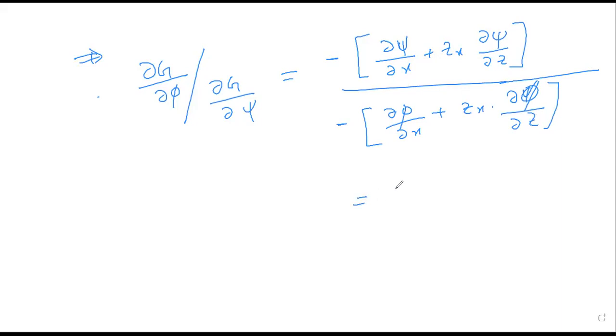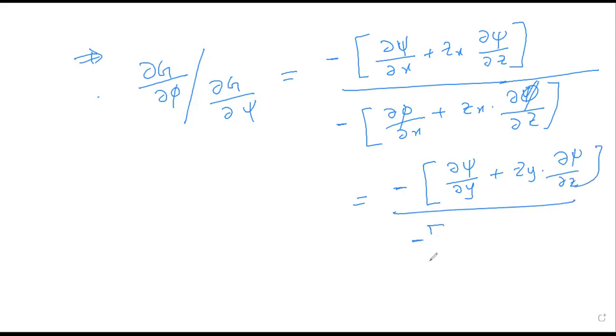Which is also equal to ∂chi over ∂y plus zy times ∂chi over ∂z, divided by minus ∂phi over ∂y plus zy ∂phi over ∂z. See whether from those two equations, if you divide and take that side and this side, you will have this one. Okay, see whether it is correct or not.